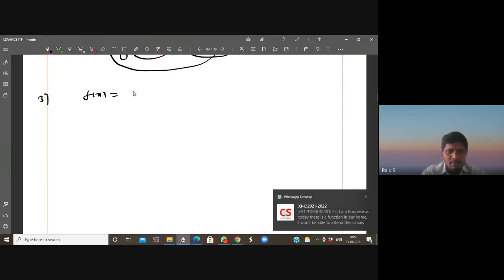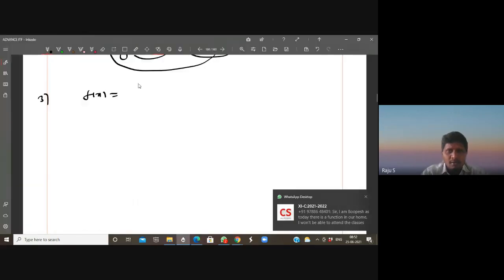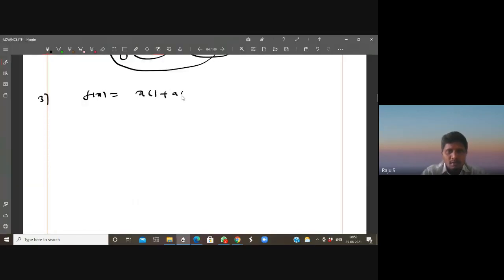Yes, students. The function I am taking is x into 1 plus a cos x minus b sin x by x cube. If I substitute here, limit x tends to 0 f of x, what is the value we are going to get, students?